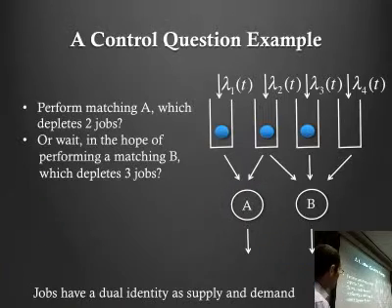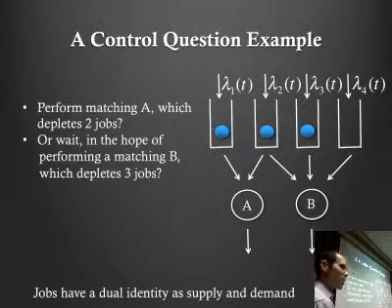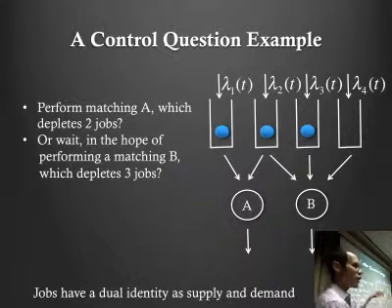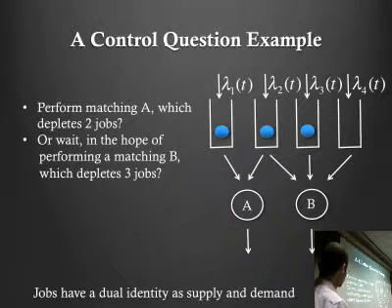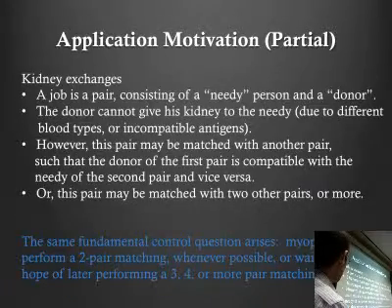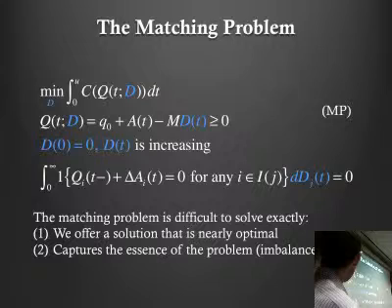And of course, the trade-off is sometimes similar to here in the sense that in kidneys, there are also very long chains. So it might be worthwhile to keep one pair available for a long chain of 10 pairs that will arrive, such that they swap kidneys along the chain and everybody gets kidneys. Yes, talking about kidneys is a bit weird, but that's the application.